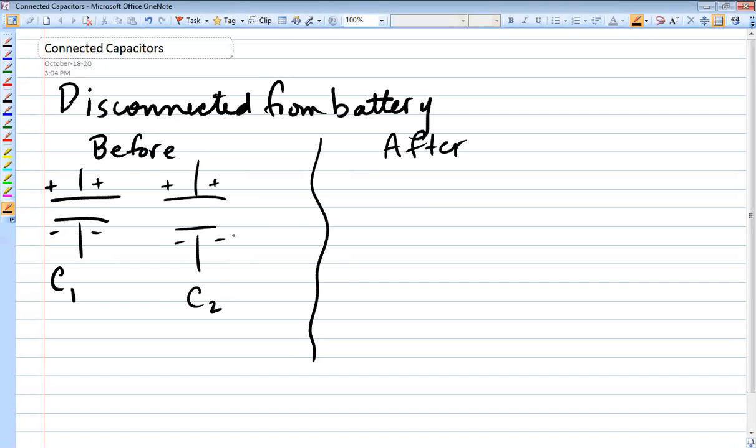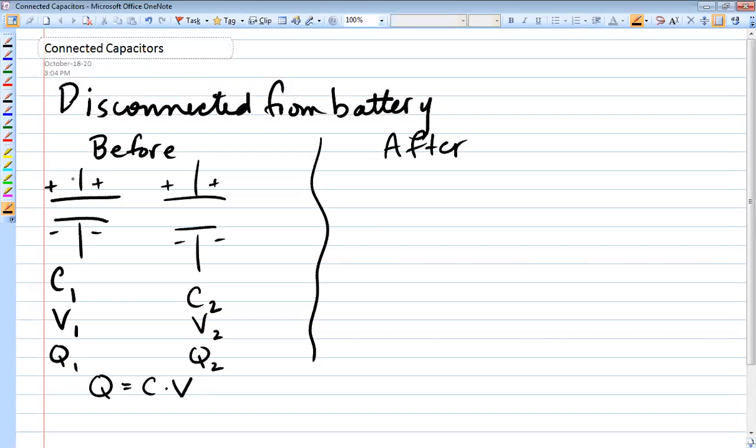We'll go plus to plus for now. They will also have a voltage V1 and V2, which may or may not be different. Usually it's different. And they also have a charge Q1 and Q2, which again may be different from each other. The overriding equation that we're going to work with all the time is that charge is equal to capacitance times voltage. Okay, so that's the before scenario.